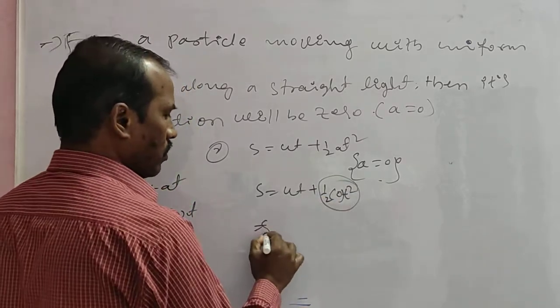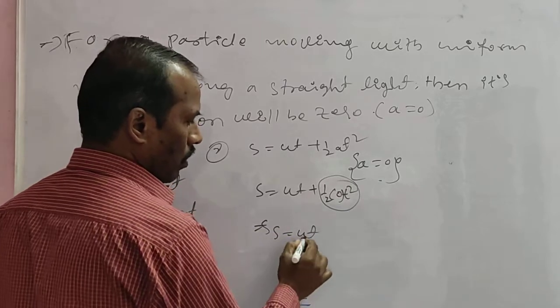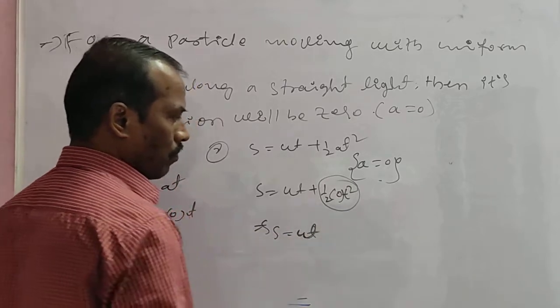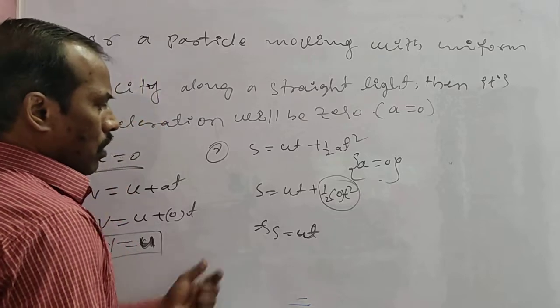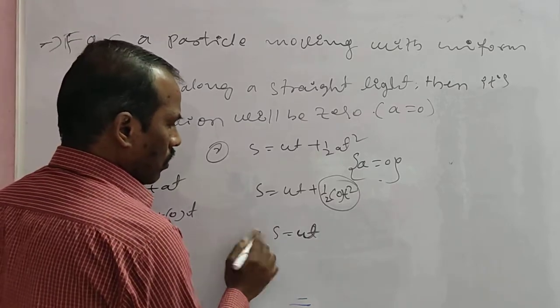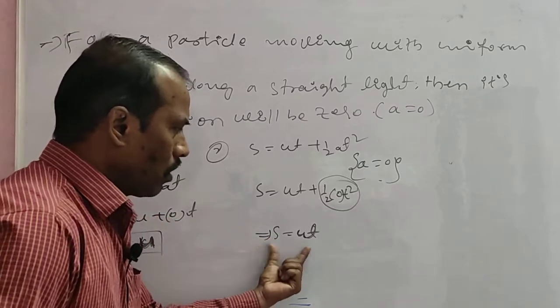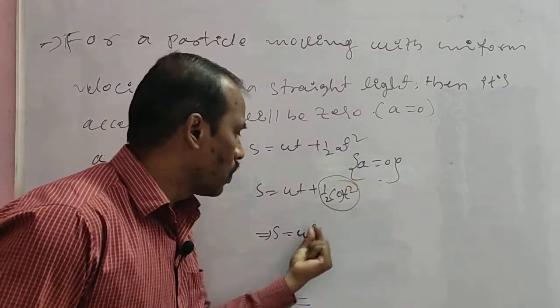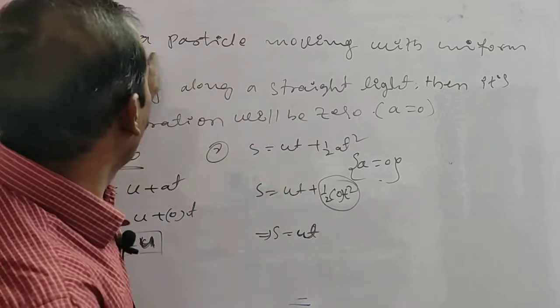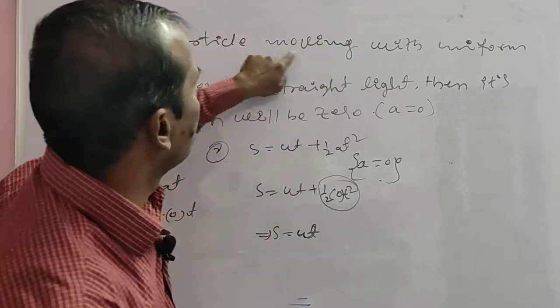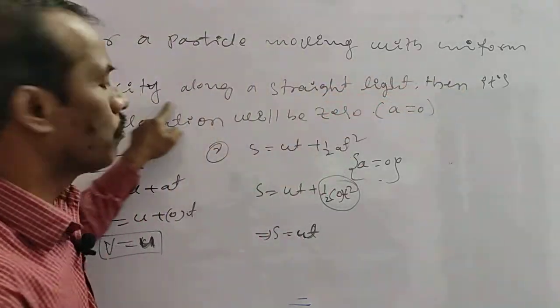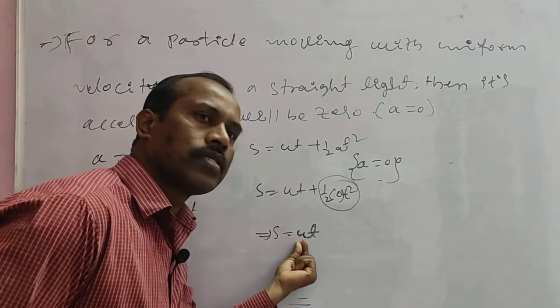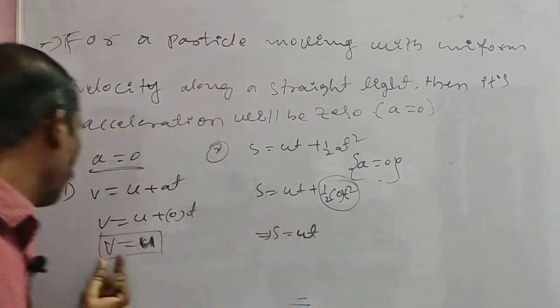So it simplifies to s is equal to ut. This is the third condition. In this case u is constant, a is 0, and u is constant, meaning the particle is moving with uniform velocity. That means the initial velocity is equal to the final velocity.